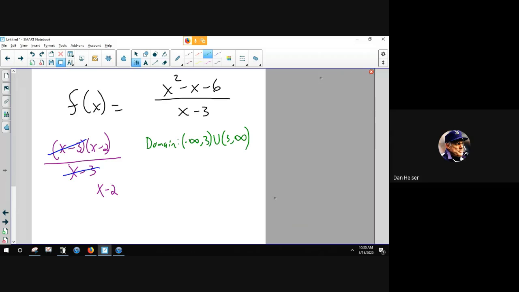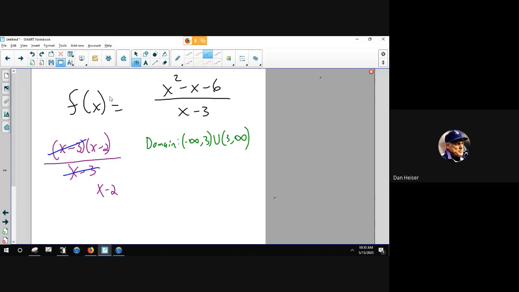Now, if you are yelling at your computer screen right now or your phone, screaming that, wait a minute, we got rid of the x minus 3. No, we didn't. We did no such thing.